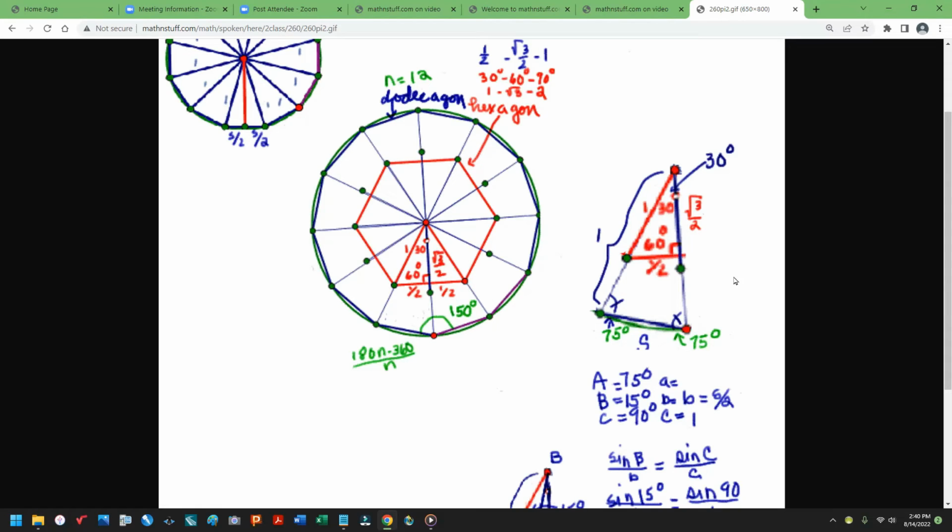You don't know that. Just use the radius of the inscribed as 1. Use the Pythagorean theorem and you can get the height, the altitude. Well, that gives us this length.